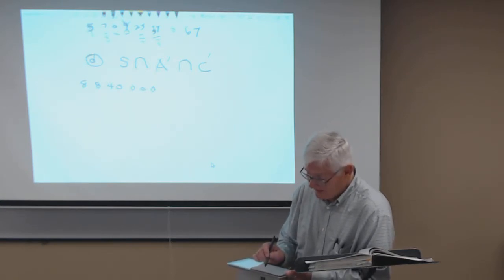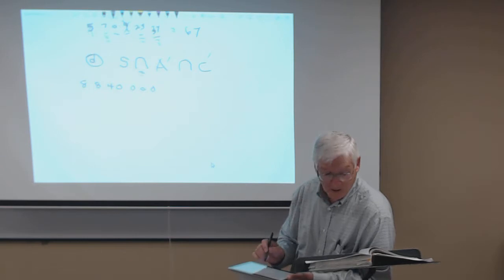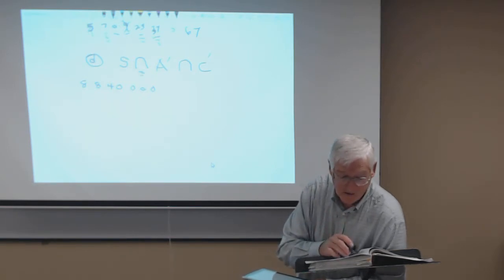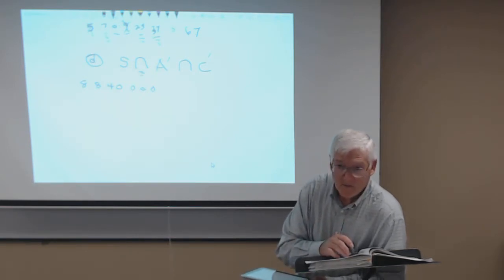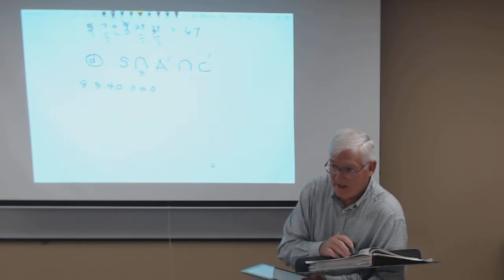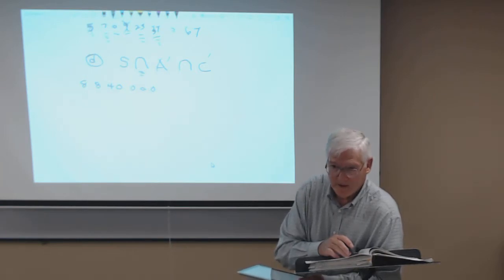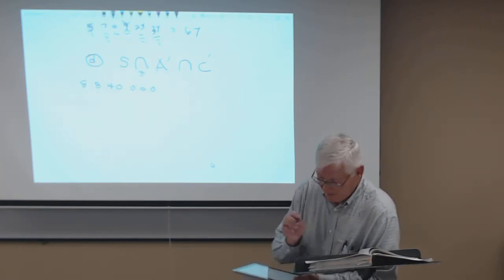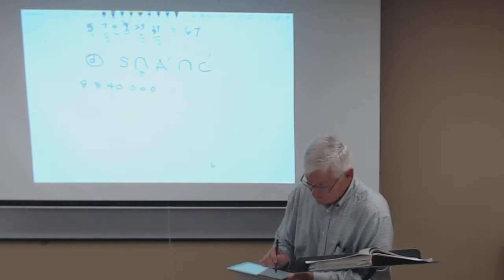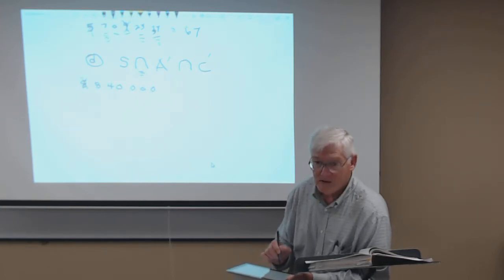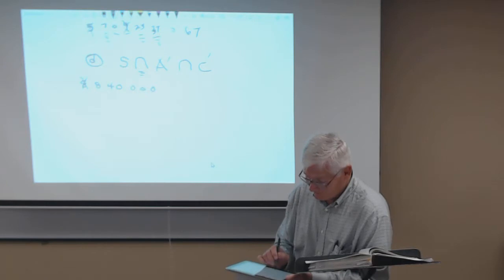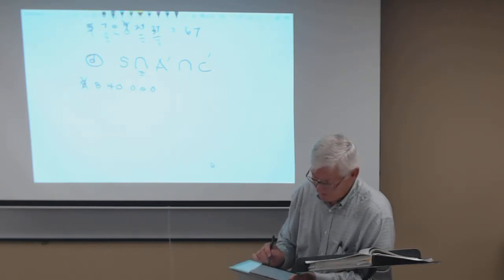Now, where does row S intersect with A? But I don't want the intersection with A. I want the intersection with what? The complement of A. So I want everything except this first 8, right? So I'm left with 8, 40, 0, 0, 0.